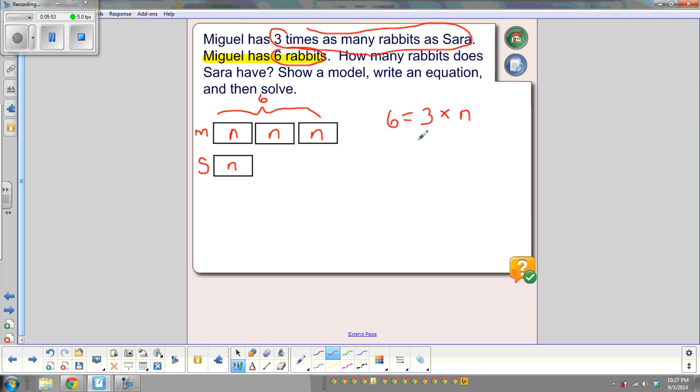The easiest way to figure that out is to look at this, and you can either say 6 divided by 3 is 2, or you may know that 3 times 2 equals 6. Just another way of saying it. Don't get confused by the letters in equations. They're just placeholders.